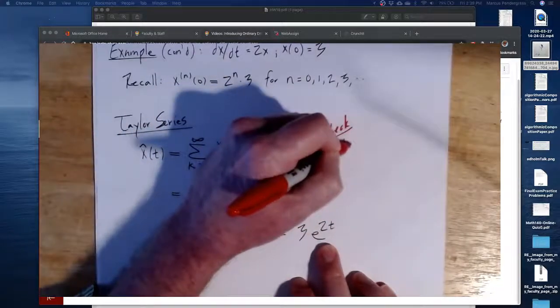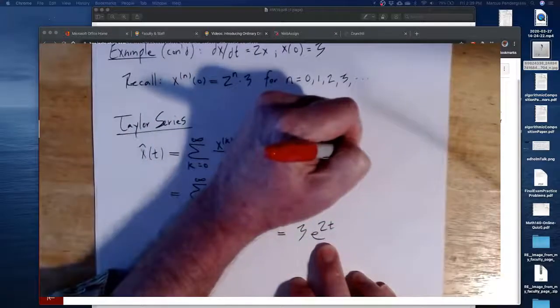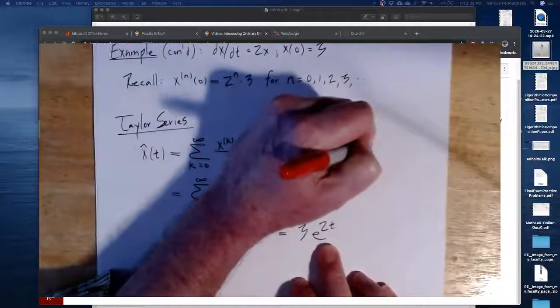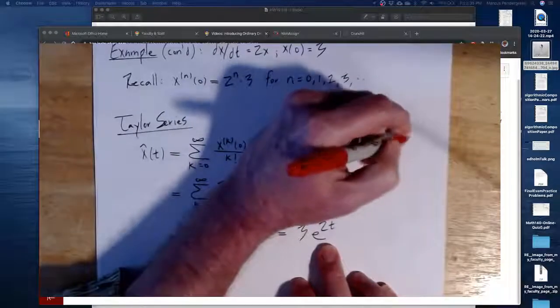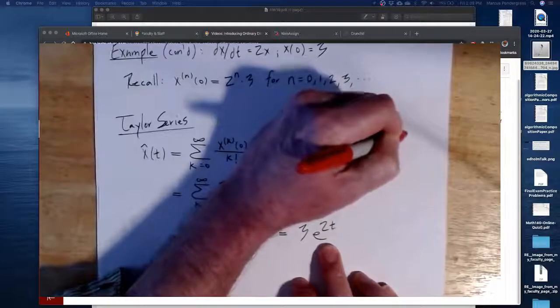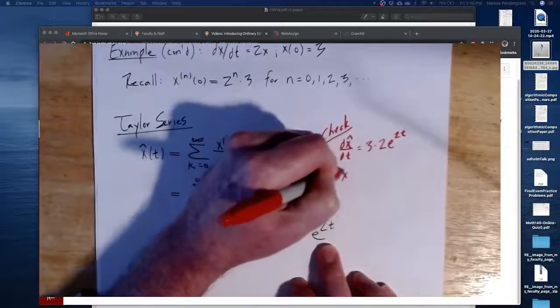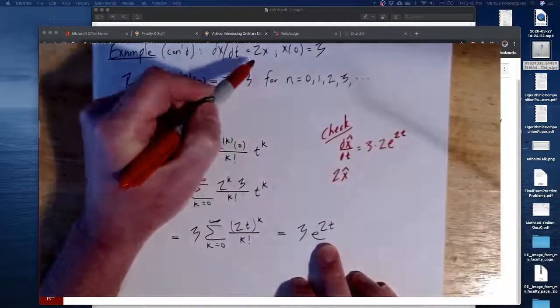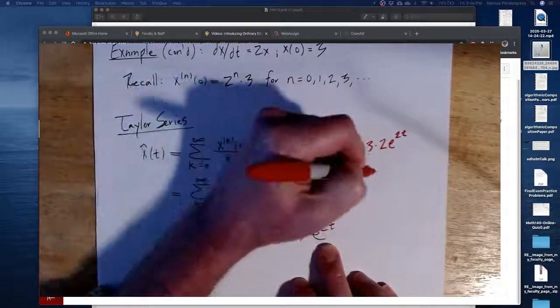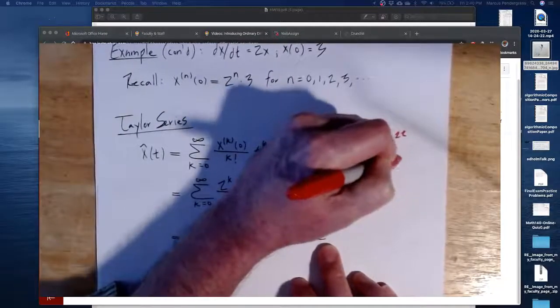So the derivative of x hat with respect to t would just be 3 times 2 times e to the 2t, and 2 times x hat, so now I'm just looking at the right hand side of the ODE, would be 2 times 3 times e to the 2t.